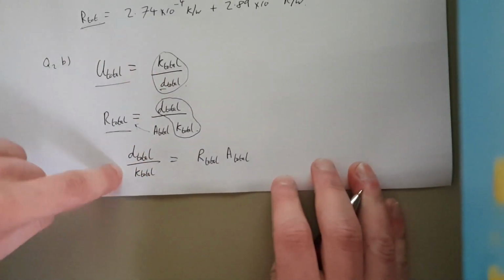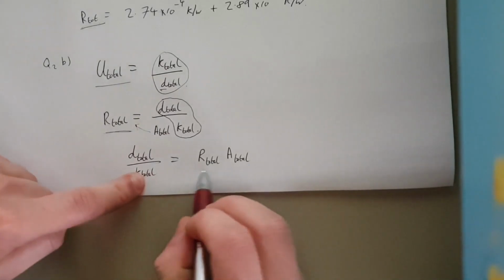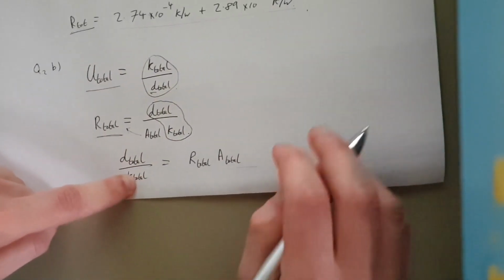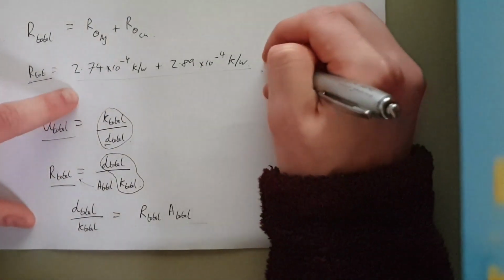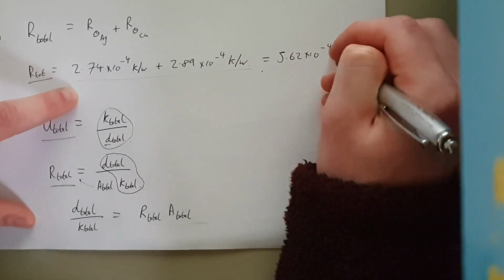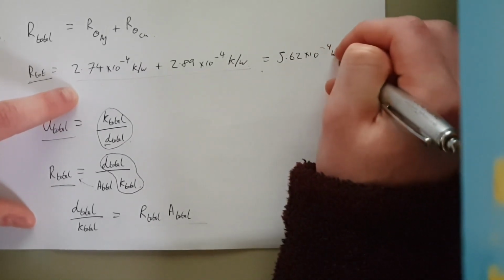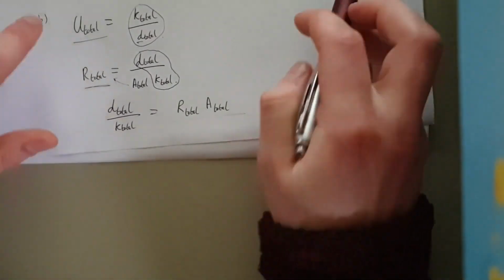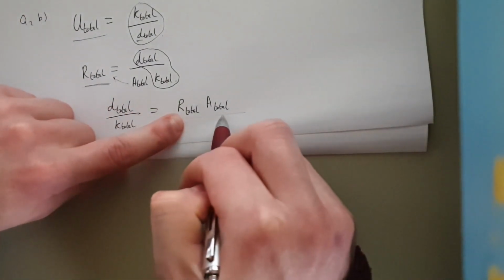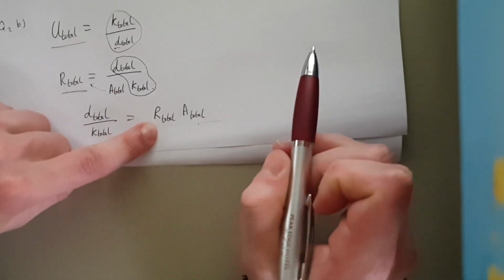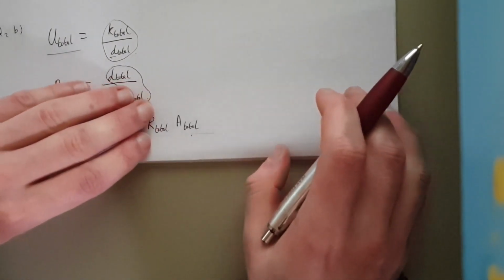And then we know that the U value is the reciprocal of this. And we know this because we just worked this out. It's the sum of those two, which I never wrote down, but that's 5.62 times 10 to the minus 4 Kelvin per watt. So we know R total. We know A total because that's just 0.3, I'm pretty sure.